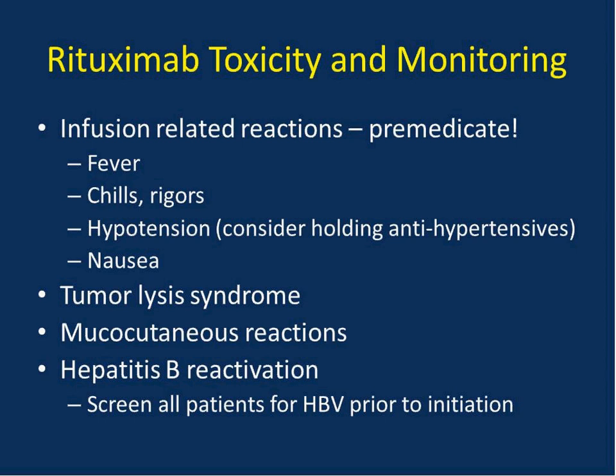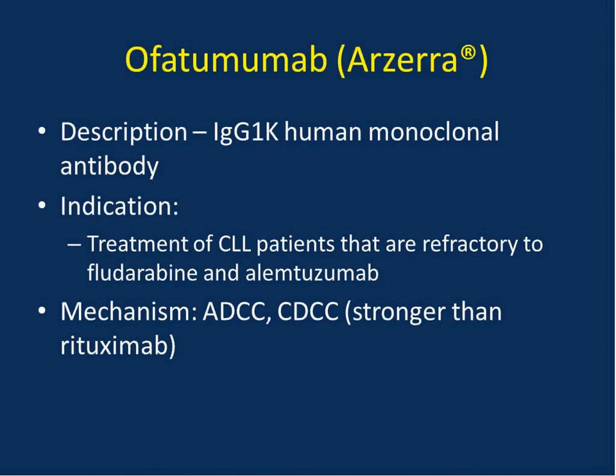You would manage with fluids and allopurinol, just like anyone else. And the potential for skin or mucocutaneous reactions, and then hepatitis B reactivation. All of our treatment plans do recommend to screen patients for hepatitis B prior to initiating rituximab. How compliant we are with that recommendation, I can't vouch for, but.